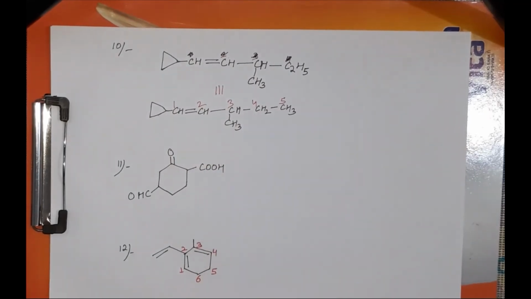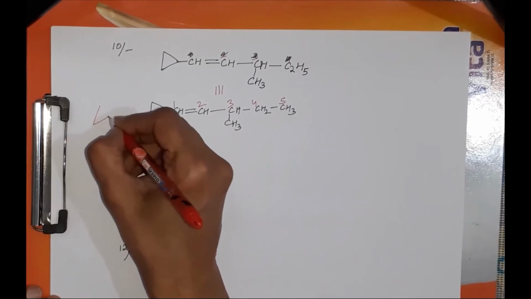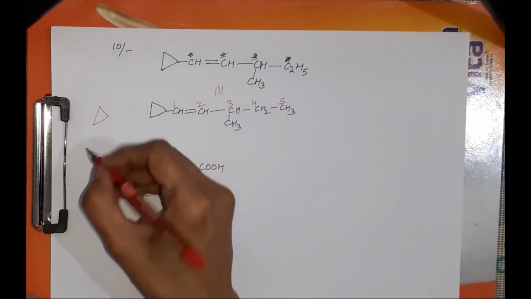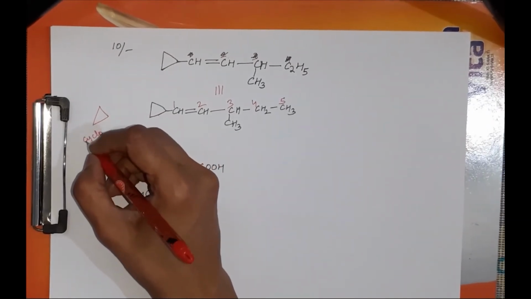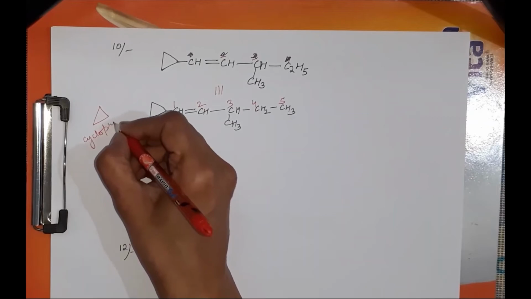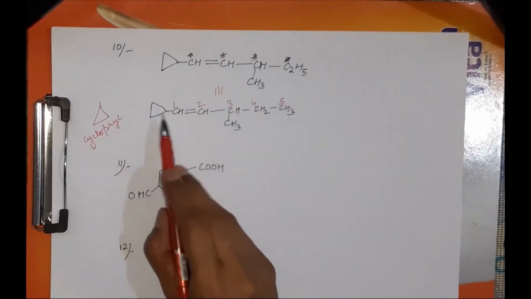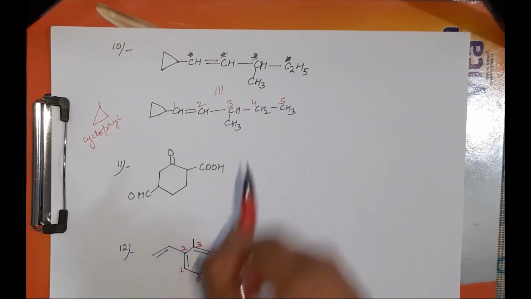This will be the numbering, and this is a cyclopropyl ring. 3 carbon atom cyclic ring is there. So this is called the cyclopropyl ring. This will be treated as the substituent, and this is another substituent.